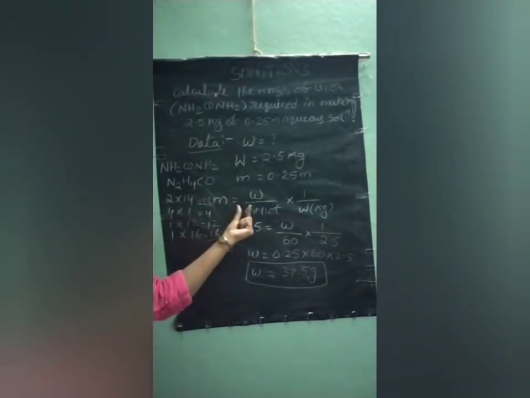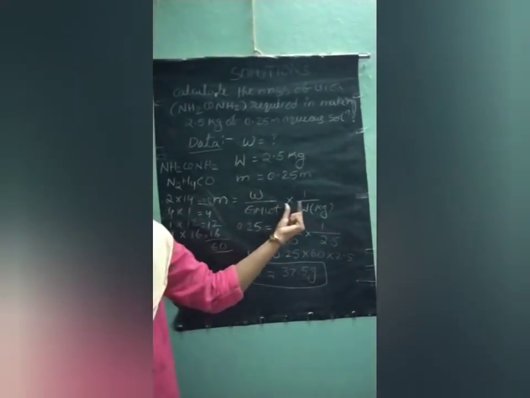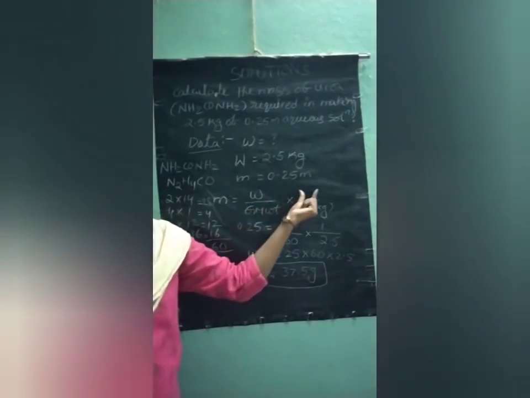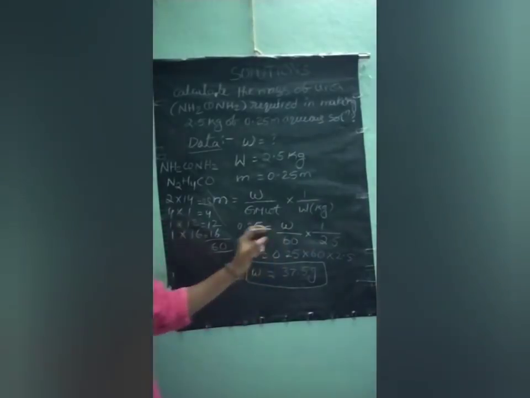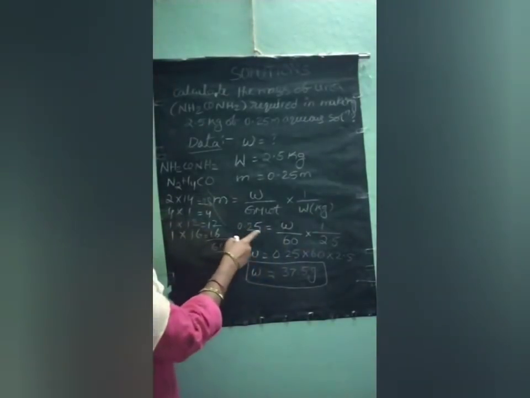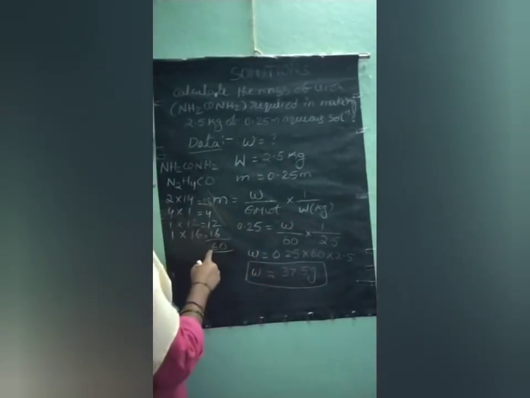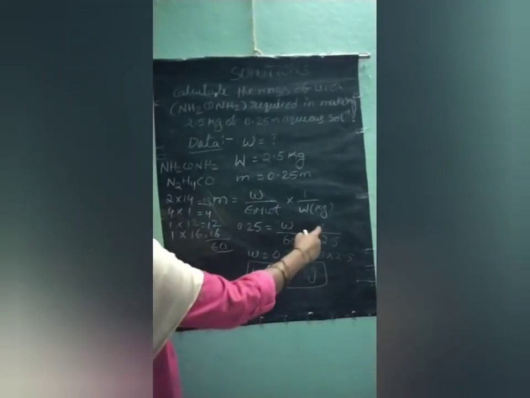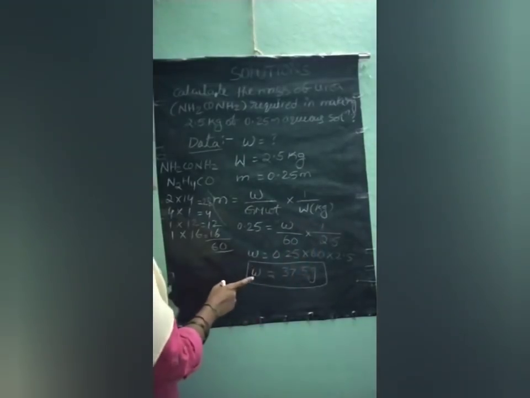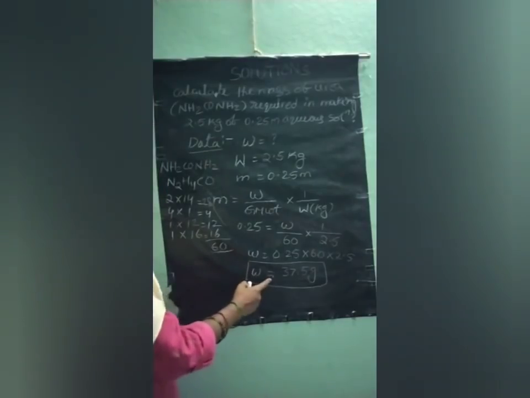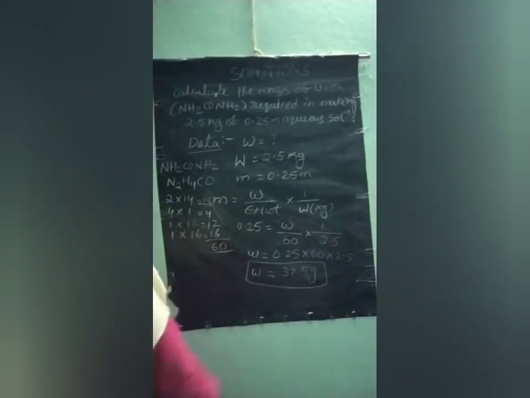The formula is molarity is equal to weight by gram molecular weight into 1 by weight of the solvent. So molarity is 0.25, weight we don't know, gram molecular weight of urea is 60, already calculated, into 1 by 2.5. So finally we get the weight of the urea is equal to 37.5 grams. Okay, is it clear? Then write down.